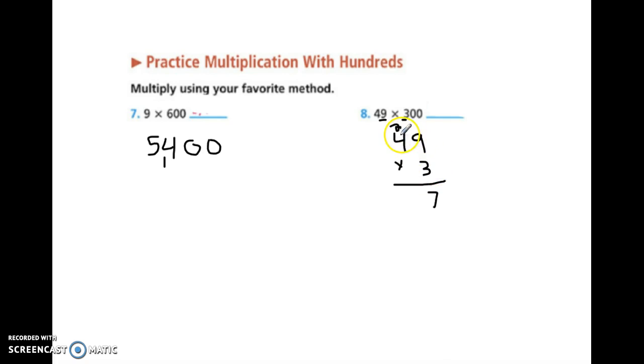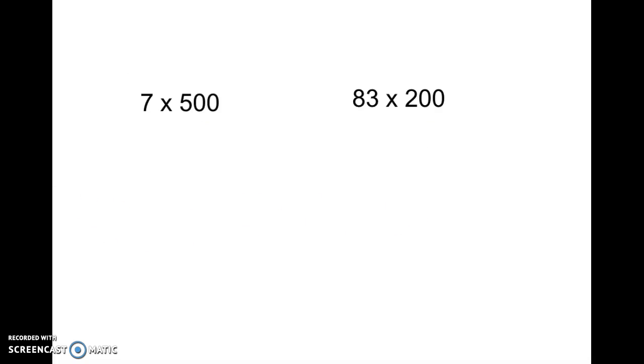And I do 4 times 3 is 12, plus my 2 is 14. So 147, but I'm not done. Remember, I've got to add on my zeros. I've got 2 zeros to add on. So I end up with 14,700. All right, so same thing that we did with tens, but just with hundreds.